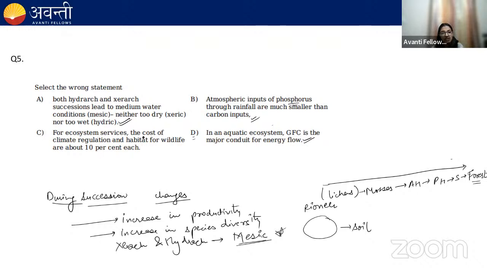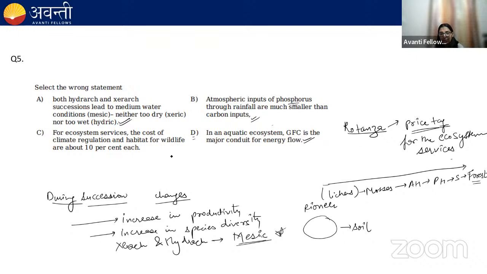Option C says for the ecosystem service, the cost of climate regulation and the habitat for wildlife are 10% each. There's a scientist, Costanza, and his colleagues. They put a price tag on the environmental or ecosystem services.